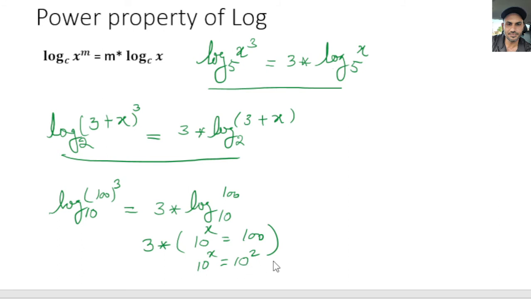So the bases are same, so x is equal to 2. So you can solve this right here. It becomes 3 times 2, which is equal to 6, if you want to solve it further.